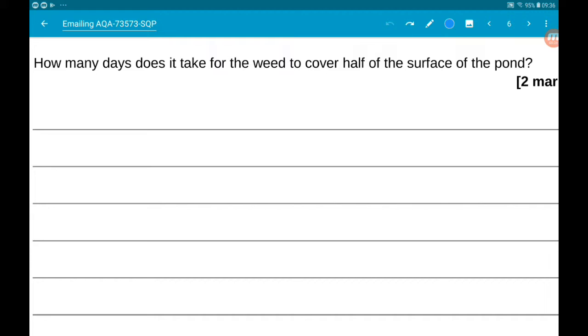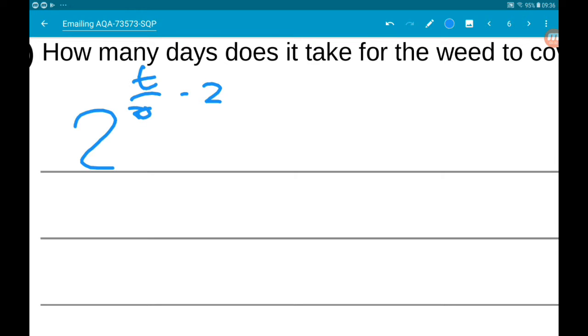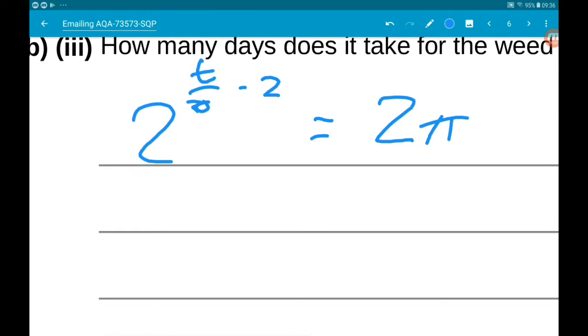So we want 2 to the power t over 20 minus 2 to equal 2 pi. Now we know that 2 to the power t over 20 minus 2 can be written as 1/4 times 2 to the t over 20.